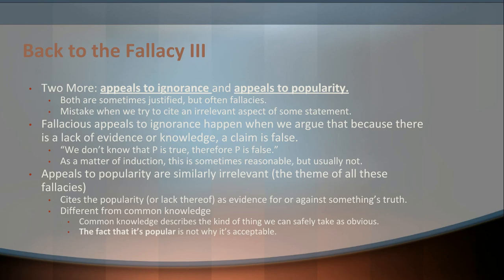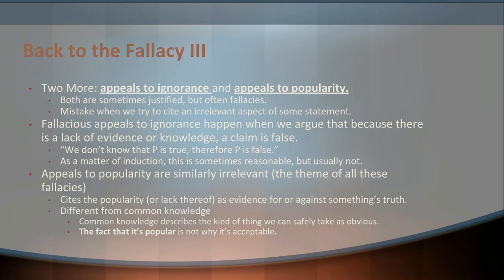Two more that often show up are what's called appeals to ignorance and appeals to popularity. Both of these are less obvious than some of the issues we've talked about before, but they're still mistakes of relevance when judging arguments. These are traps that we often fall into when judging or criticizing some position, or when supporting some position, I guess is more accurate.